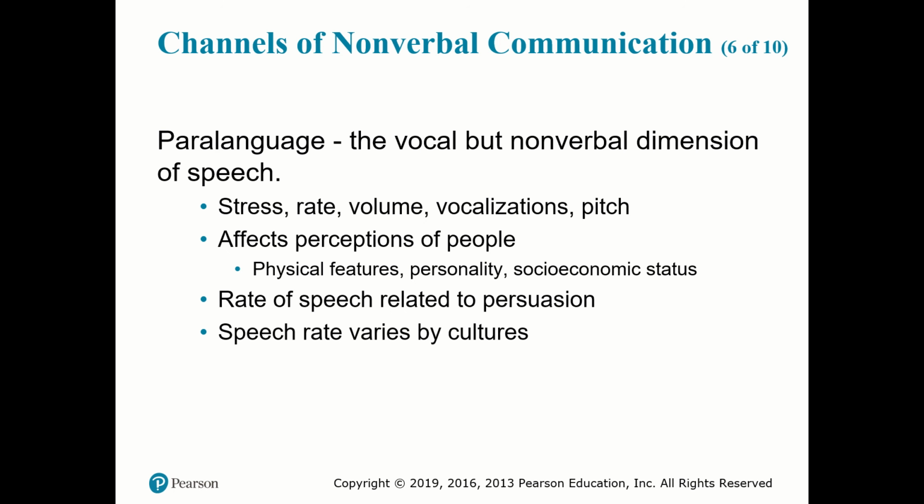Other times just the opposite. Some people sound very aggressive or very docile. But then an interesting fact that socioeconomic status can actually be predicted by paralanguage in many studies. How quickly we speak is also tied to persuasiveness.